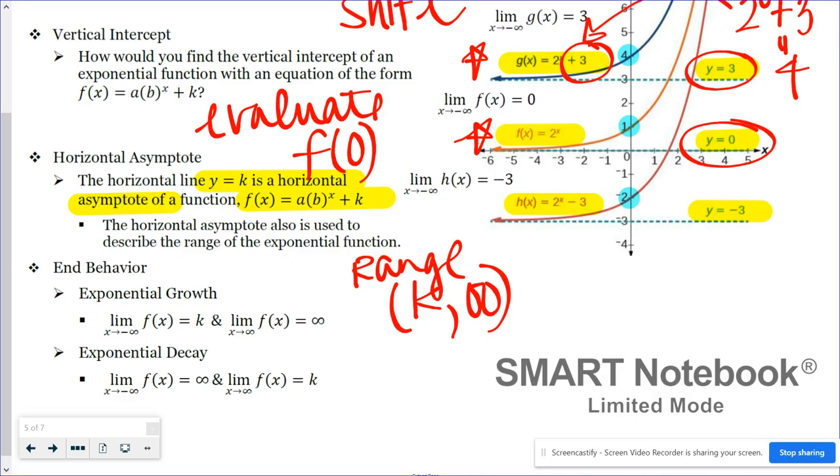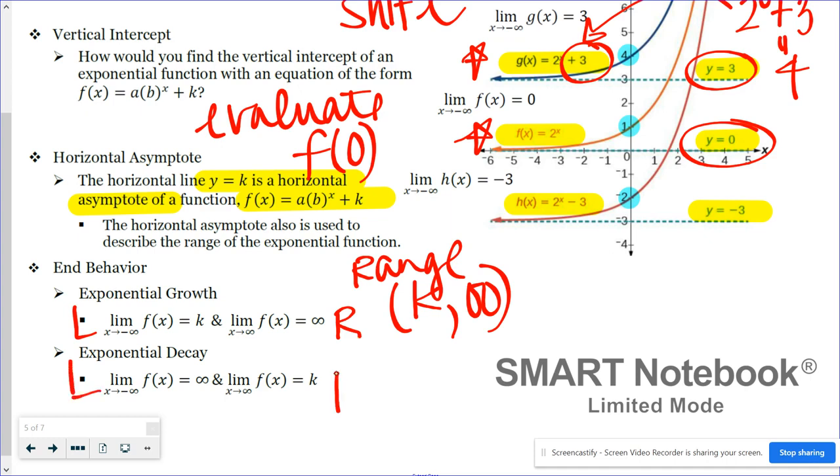When it comes to end behavior, if you look at what I have written here for exponential growth and exponential decay, you'll notice that I am using the value of k and I'm using infinity. For exponential growth, on the left, it goes towards that k value. On the right, it goes up forever. For exponential decay, on the left, it goes up forever.